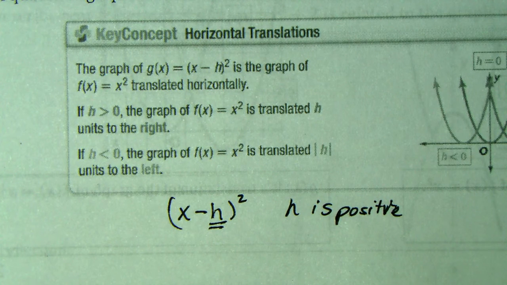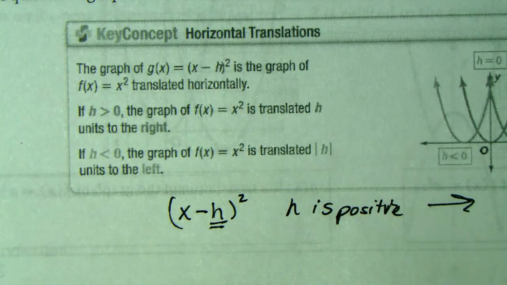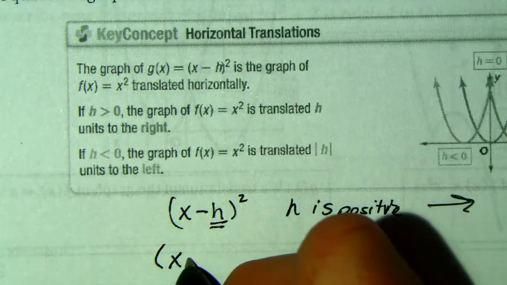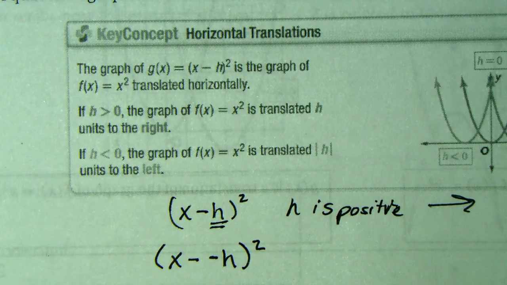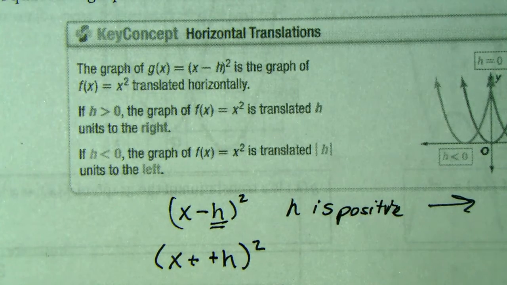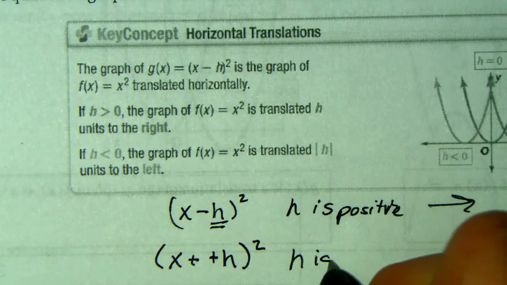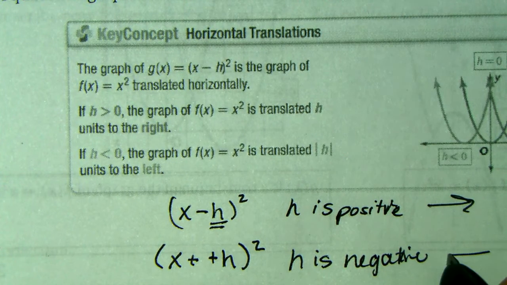And now here's the tricky part. If it is x minus a negative h, what does it end up looking like? That's plus. So when you have a plus in there, believe it or not, h is actually negative, and you will be moving left. So it's like opposite? So it is opposite.